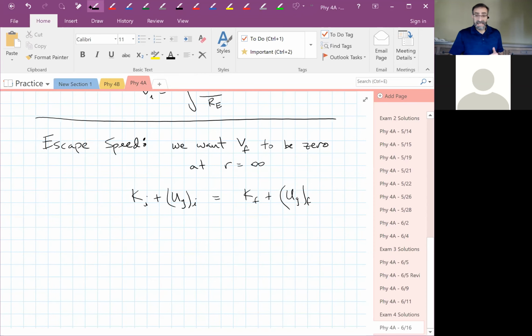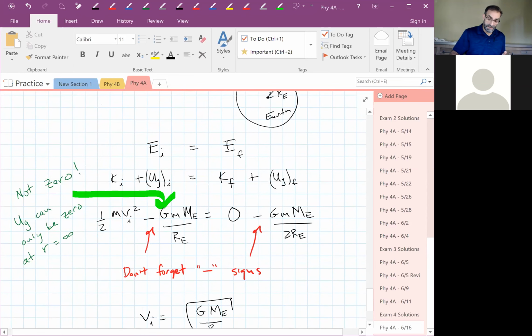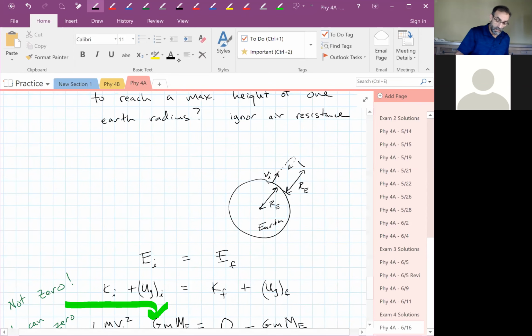So we'll do the same exact problem again. Instead of throwing it up, instead of figuring out what is V initial such that this object makes it up to 1 Earth radius, turns around and comes back, we're going to say, what is V initial such that this object comes to rest at infinity? And if it's at infinity, it's not going to come back, right?